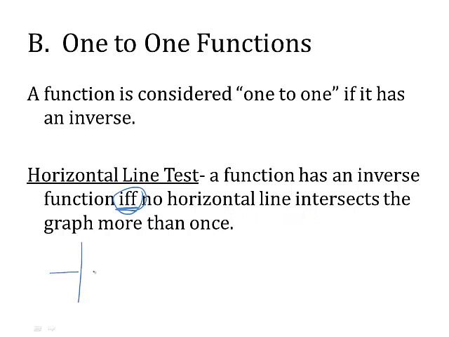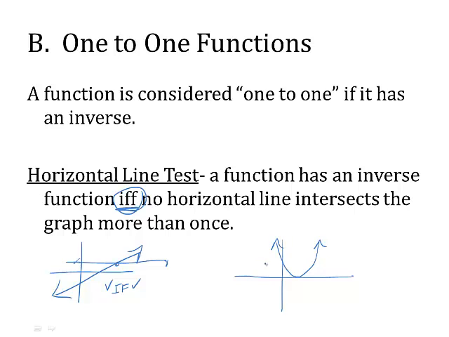So for instance, if I have a line like this, it's a function. If I put a horizontal line through it, it only hits in one place. This means it has an inverse function. It exists, okay? A parabola, however, that's a function as it is, but if I put a horizontal line, it's going to hit in two places.